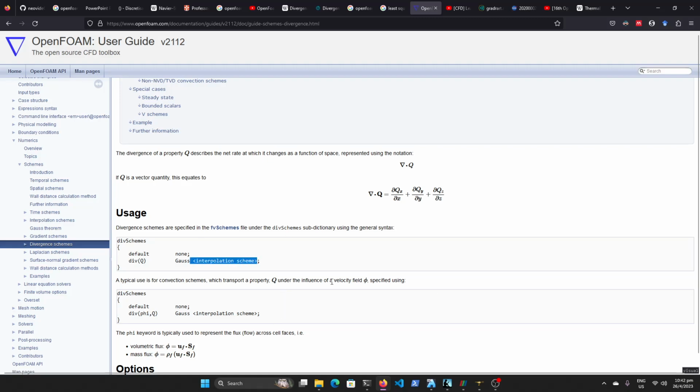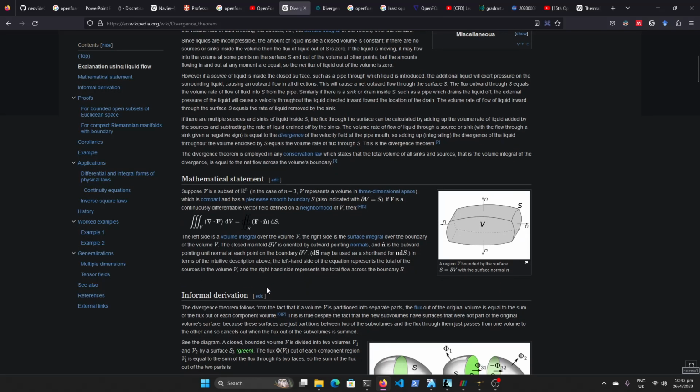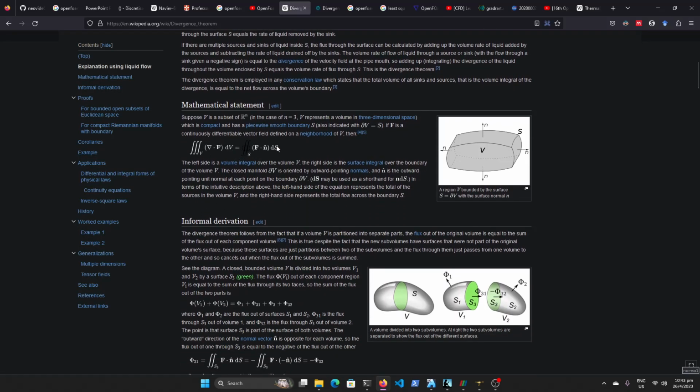Okay, this interpolation scheme is also pretty important. Since we are talking about Gauss theorem, in the course of doing your Gauss theorem here, you will actually find that there are other things inside to interpolate, because you need to find the value of whatever you're finding.